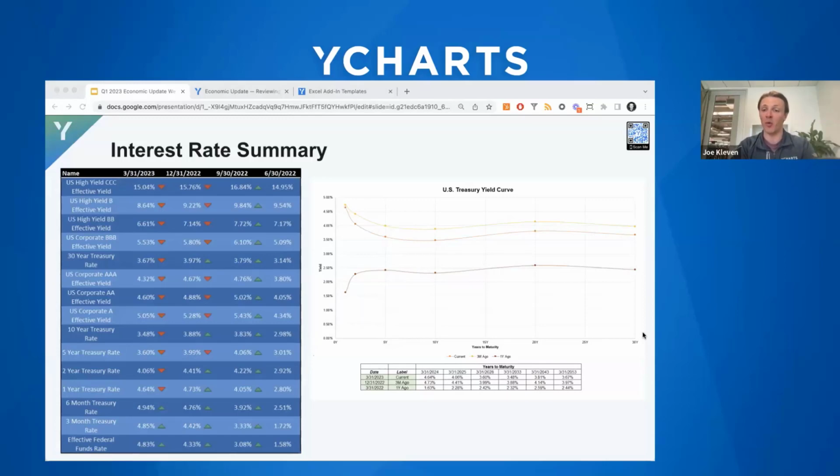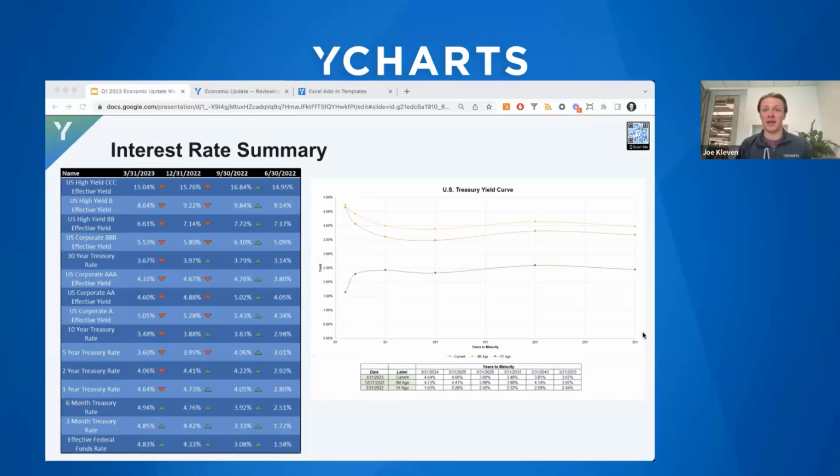In spread news, the 10-2 spread was inverted at the end of the quarter, which hasn't been a surprise for quite a while. That differential, however, was 0.58% underwater, and the 10-year 3-month actually sunk to its lowest level in history at the end of Q1 at negative 1.37%. What's more, as of right now, May 3rd, when we're recording this webinar, it's actually even lower than that at minus 1.8%, which in fact is its lowest level in history.